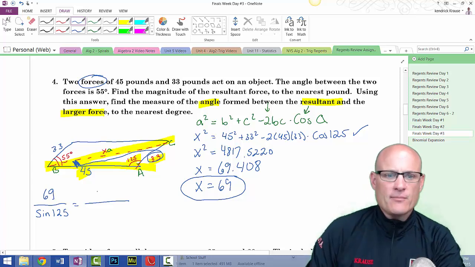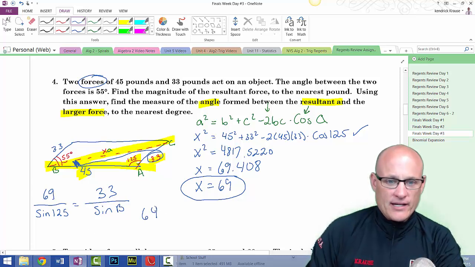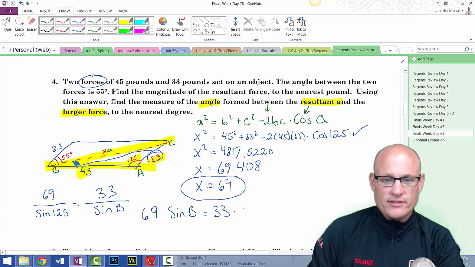So that means I'm going to do 33 over the sine of, we'll call this B. So 69 times the sine of B is equal to 33 times the sine of 125.